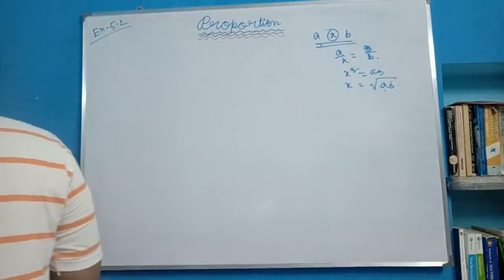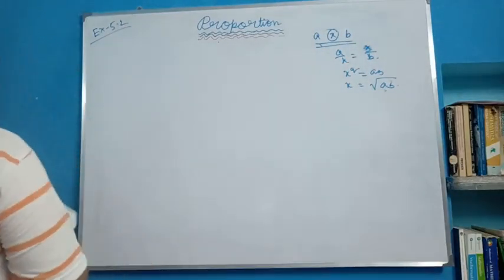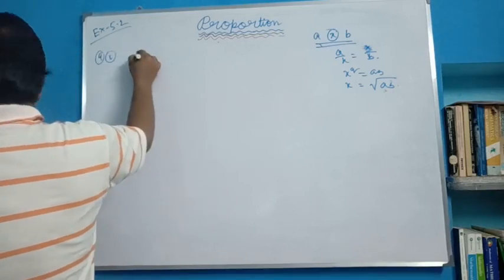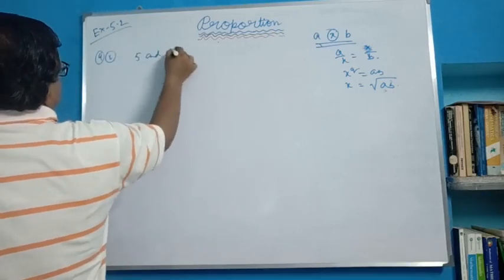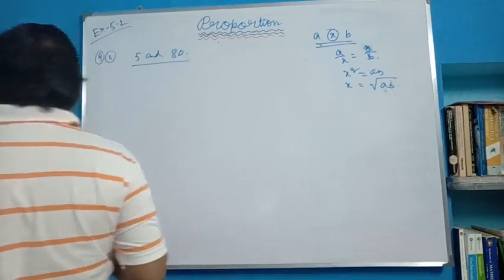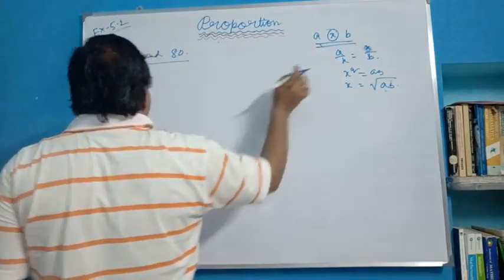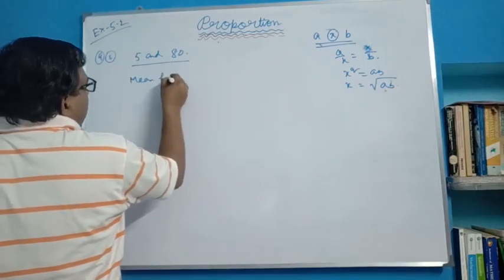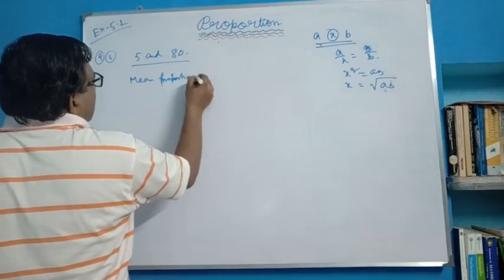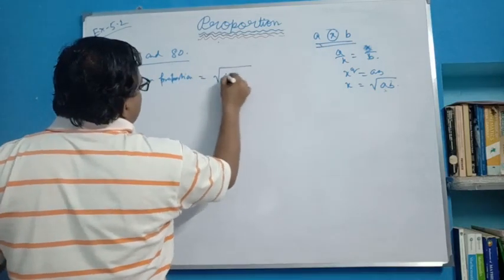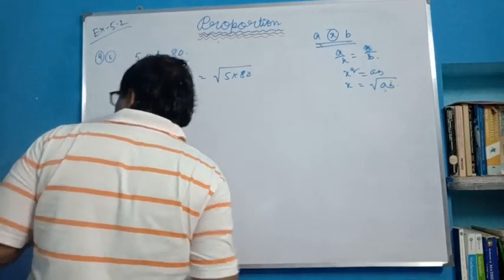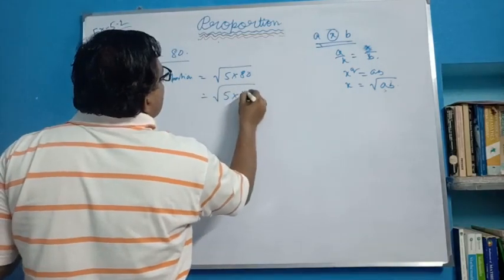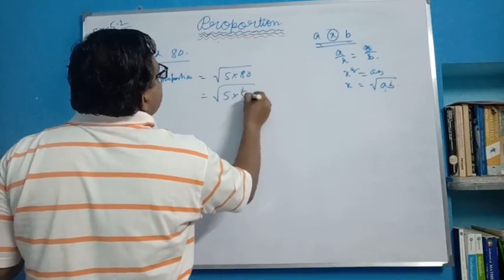Okay. So find the mean proportion of 4, 1, and the mean proportion of 5 and 80. If we use this formula, the mean proportion is equal to the square root of 5 into 80, that is 5 into 16.